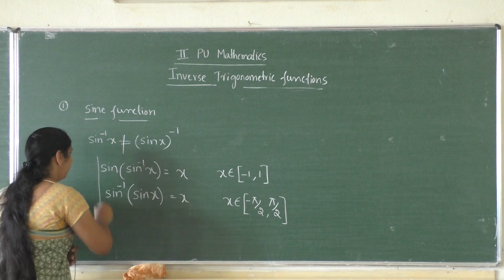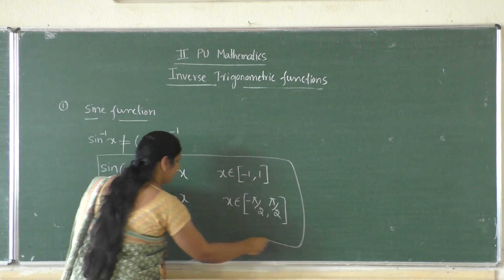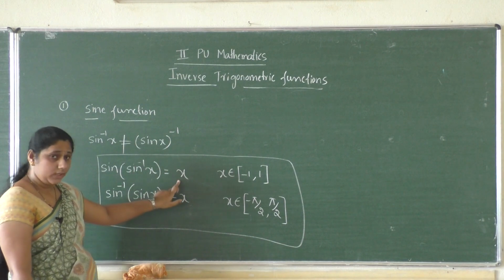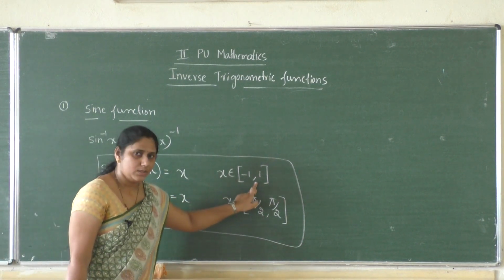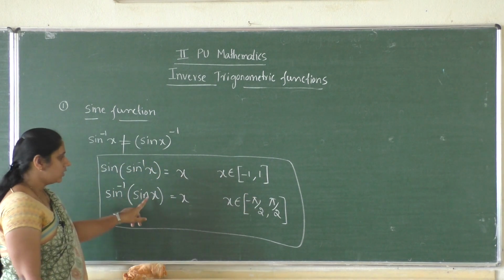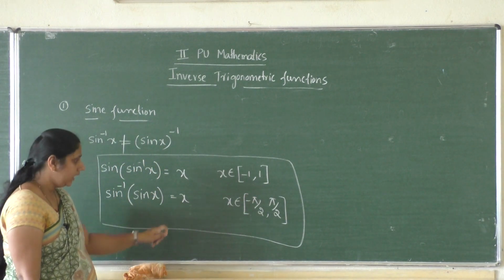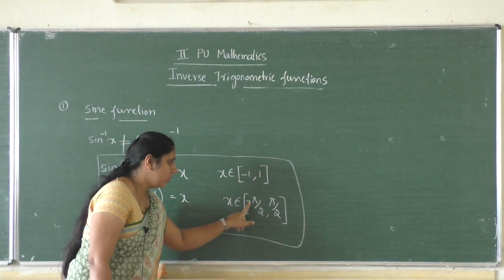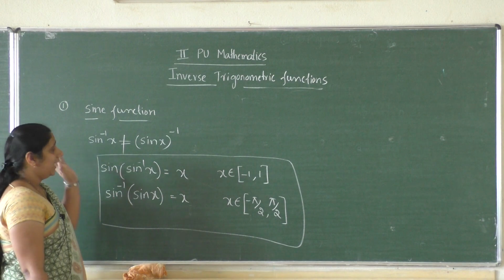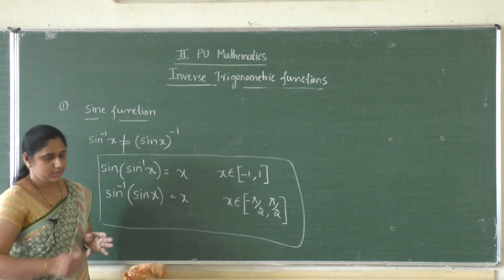So these are two important things. You can write sine of sine inverse x equal to x only if x belongs to the closed interval minus 1 to 1. Similarly, sine inverse of sine x equal to x only if x belongs to the closed interval minus pi by 2 to pi by 2. So this is regarding the inverse of the sine function.